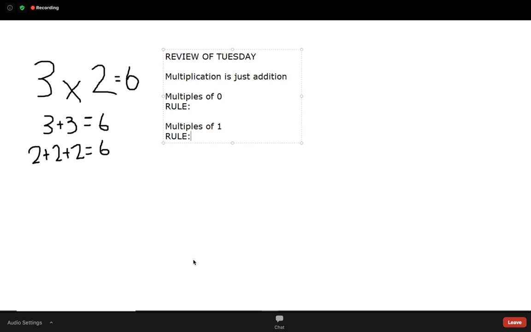I like to bunch 0 and 1 together because they both have a single rule that applies to all numbers that they're multiples of. So for 0, this rule is that any number multiplied by 0 will just equal 0. And the rule for 1 is that any number multiplied by 1 will equal itself.